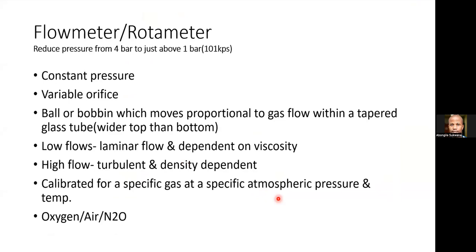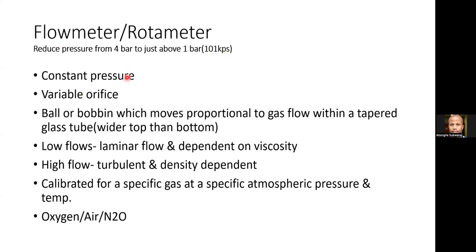These will help, now you are inside the anesthetic machine, they will help to reduce the pressure from 4 bar to just above 1 bar, which is about 101 point something kilopascals. So you can't give 4 bar to the patient. That will cause barotrauma.